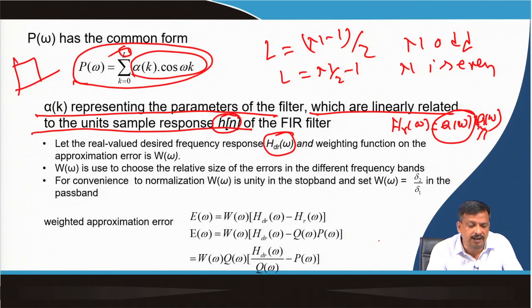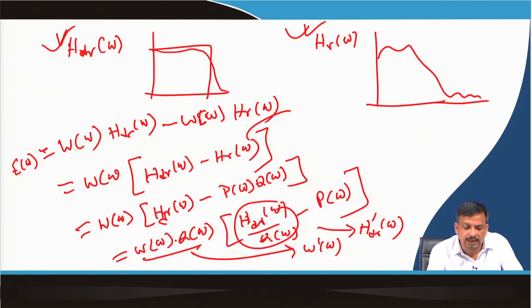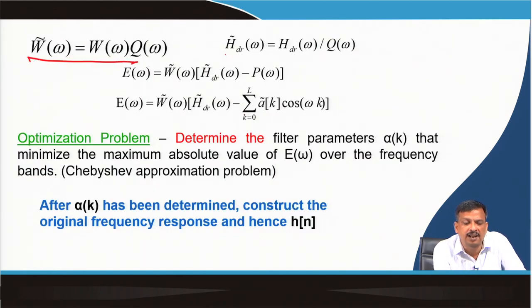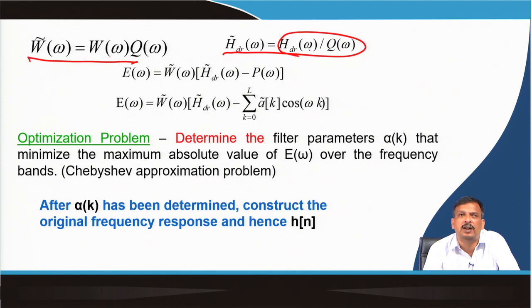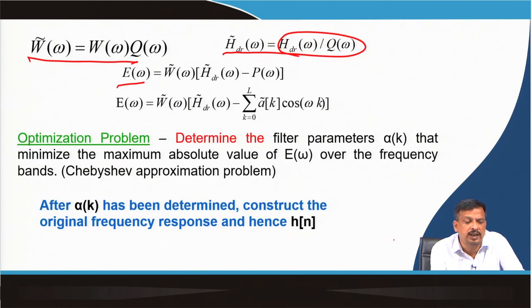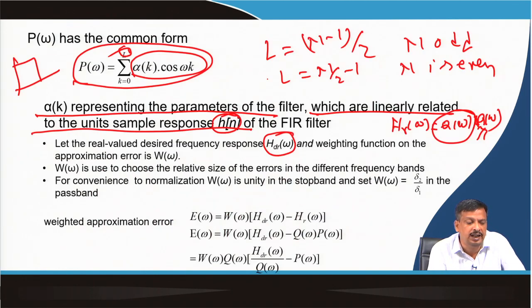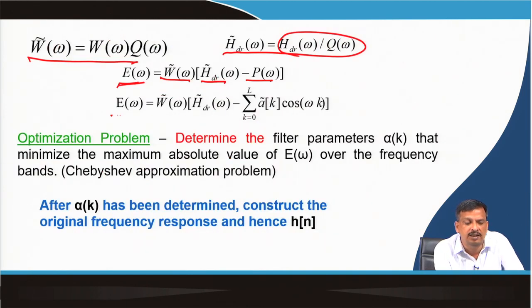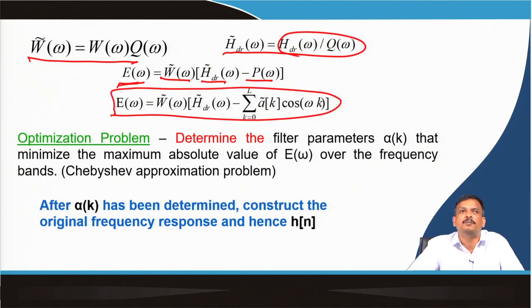What I said is W-hat(ω) is W(ω) times Q(ω), and H_dr-hat(ω) is H_dr(ω) divided by Q(ω). So, the error is W-hat(ω) times (H_dr-hat(ω) minus P(ω)). What is P(ω)? We have already said this is P(ω), where alpha_k is the control. So, this is my equation of error.